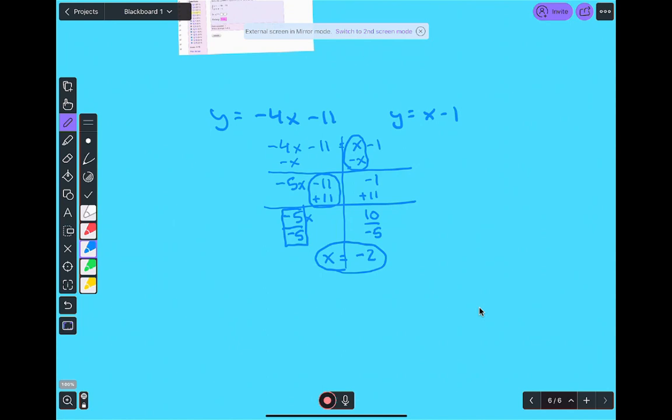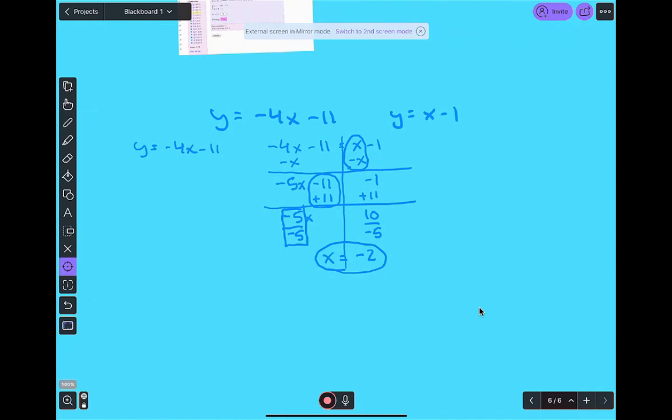Now to solve this system of equations, what I have to do is find my y also. And the way I'm going to do that is by plugging x is equal to negative 2 into the x in both equations. So let's go ahead and do that. I'm going to write down my first equation, which was y is equal to negative 4x minus 11.